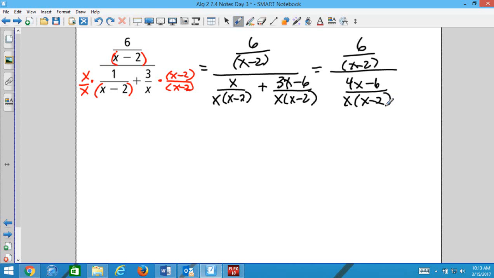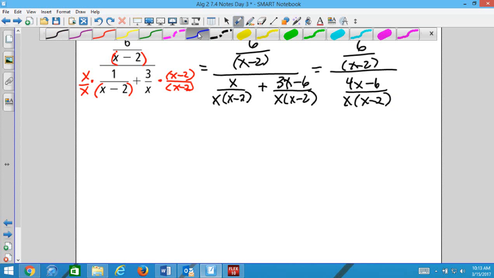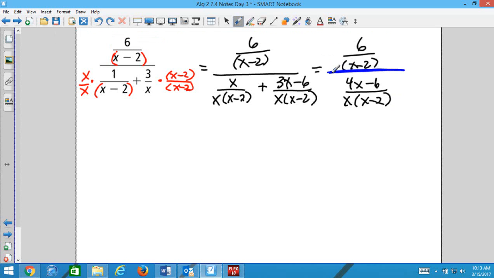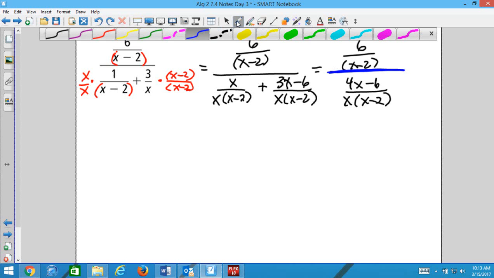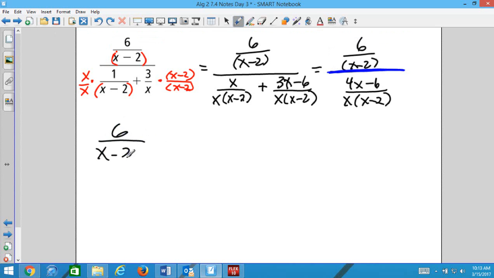Once you've added the bottoms together, we now have a fraction over a fraction. That's what we want to do. So instead of dividing by a fraction, what are we going to do? I keep 6 over x minus 2, but I'm going to multiply by the reciprocal: x parenthesis x minus 2 over 4x minus 6.